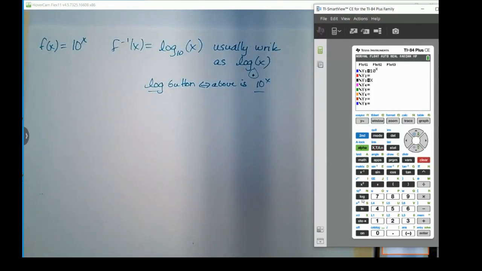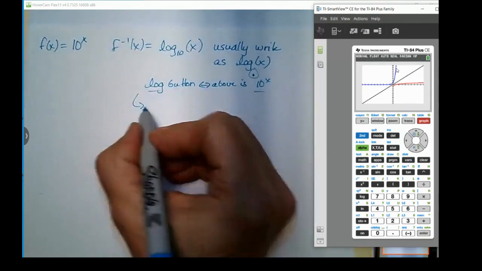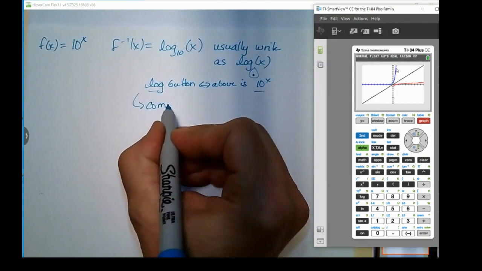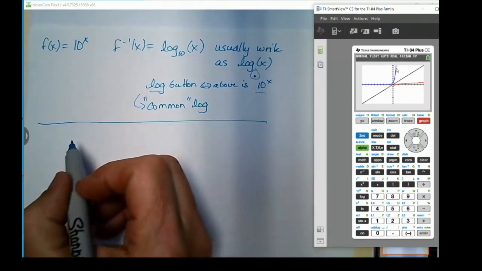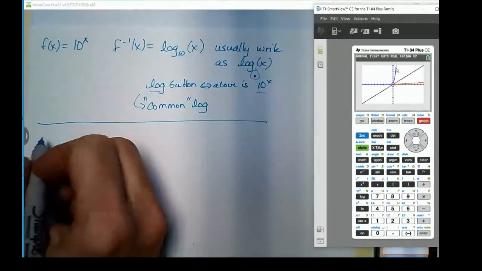So I'm going to go down here and just put in log of x, and that will automatically make it the log base 10. And my graphs are going to look just like my other graphs did, only a little steeper for this one because my base is a little bit bigger. The other thing that we usually call this, because it gets used so much, is the common log.